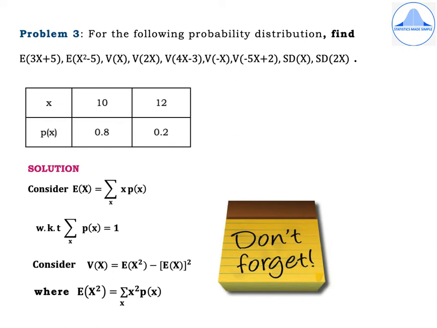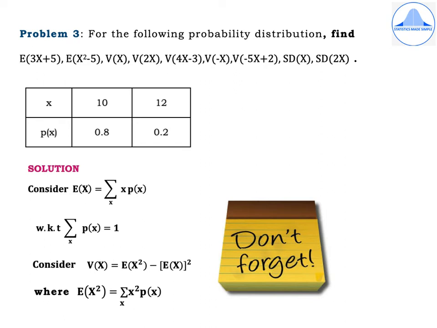Now this particular formula is very easy to remember. Whatever comes after the expectation, the same comes after the summation sign in small letters, and then you have the probability mass function, which is p of x. So E of X square is equal to summation over x, and next to E we have capital X square.